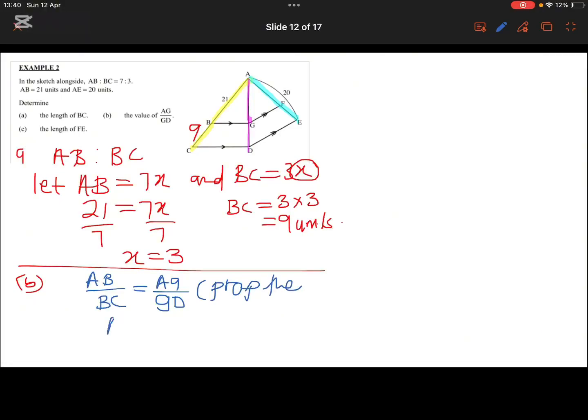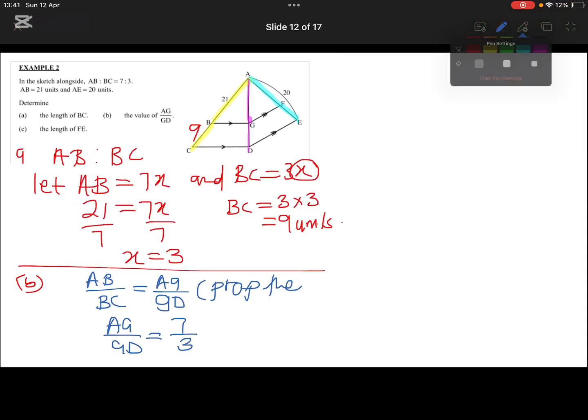That follows the proportionality theorem. Now the value of AG over GD will be 21 over 9, which is 7 over 3.